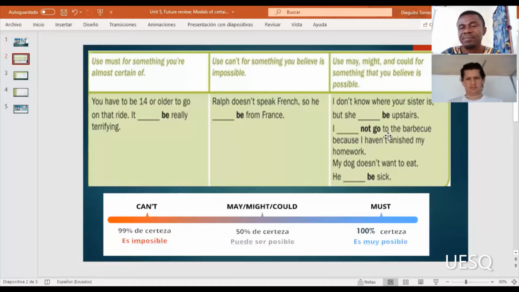Another example. Good. Now the second example in this column on the slide has might. I might not go to the barbecue because I haven't finished my homework. Okay, you have might there because it is something you believe you may not do, with strong probability that you wouldn't do it.